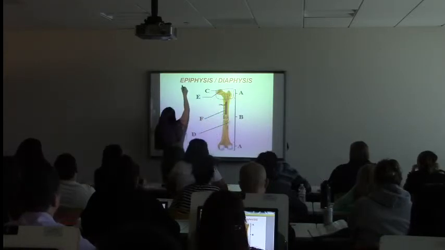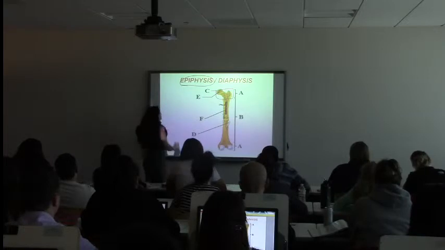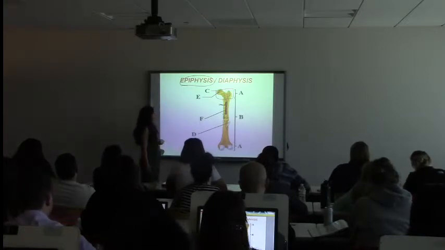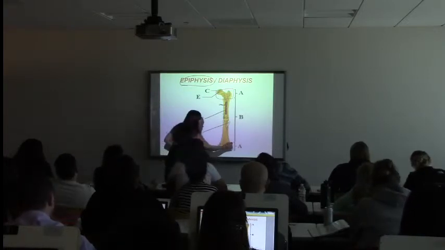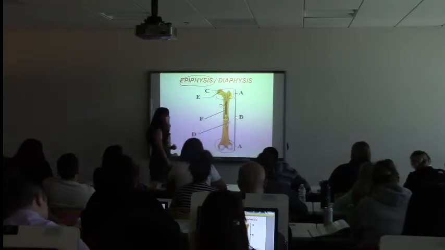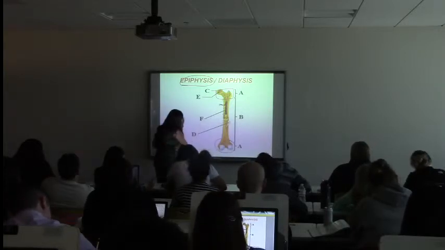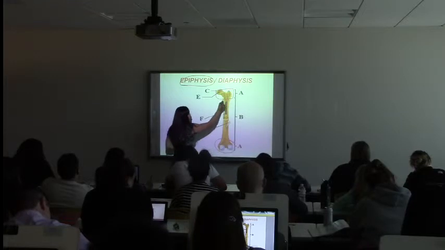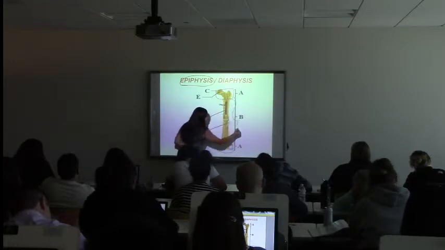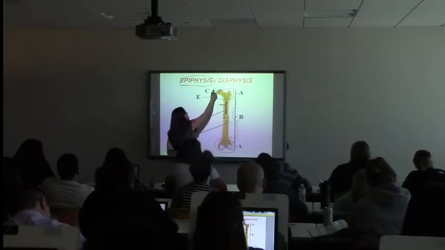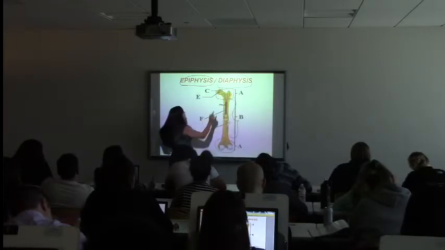Certain things. Basically, a bone has this end part. It's called the epiphysis, which is right here. So both of these are epiphysis. A is epiphysis. And then the middle part, which is this part, and that's B, is diaphysis.